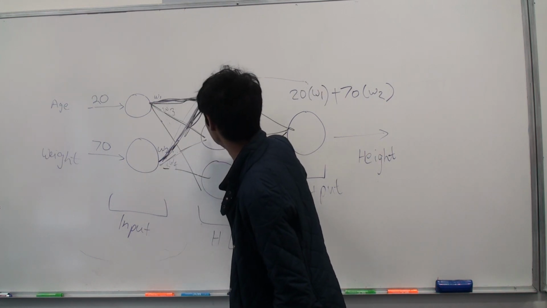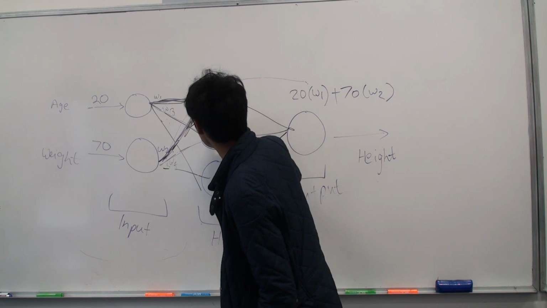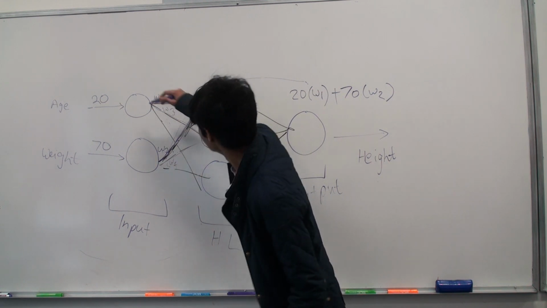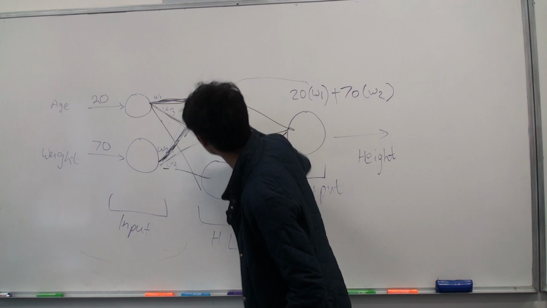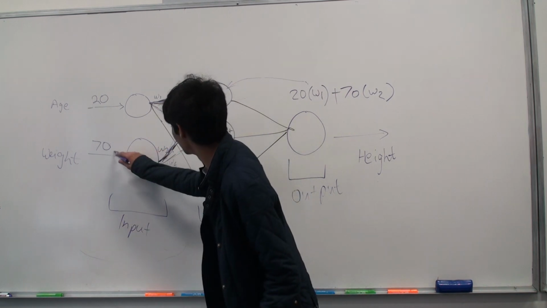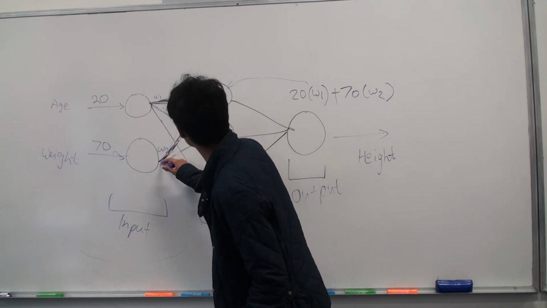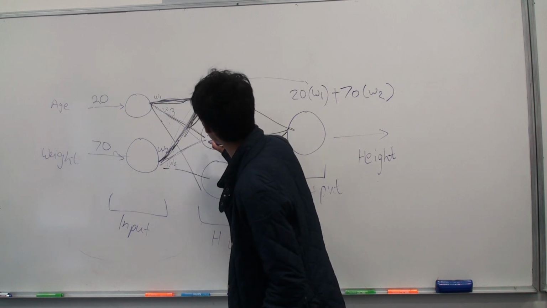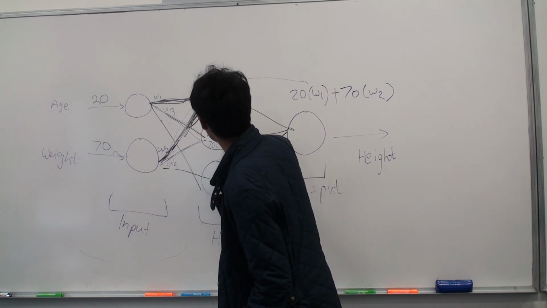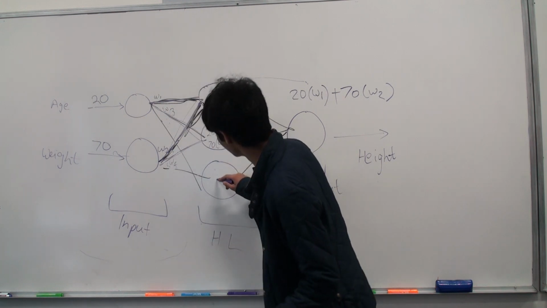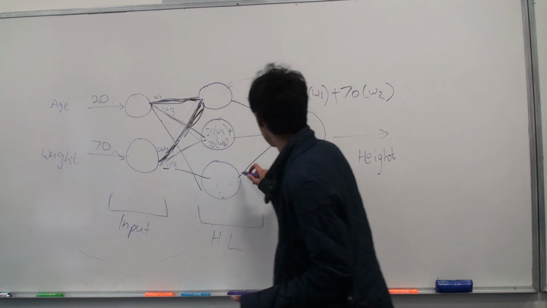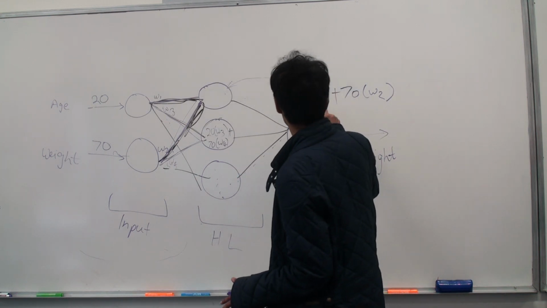So this value will be 20 times weight 3, plus 70 times weight 4. The same process applies here, and then it gets carried on to your output.